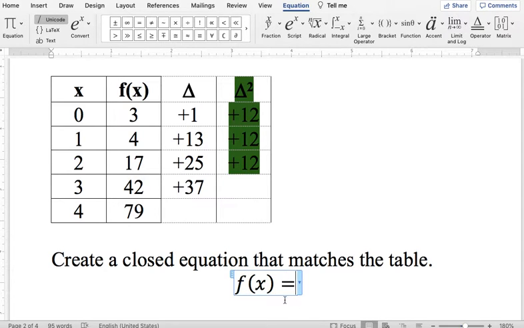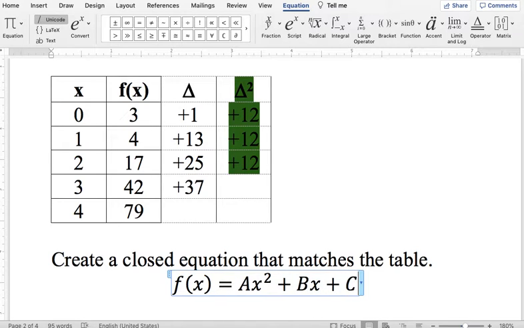Your y, or your f of x, is equal to some number a times x squared plus some number b multiplied by x plus some number c. If you can find a, b, and c, then you have your equation for the quadratic.